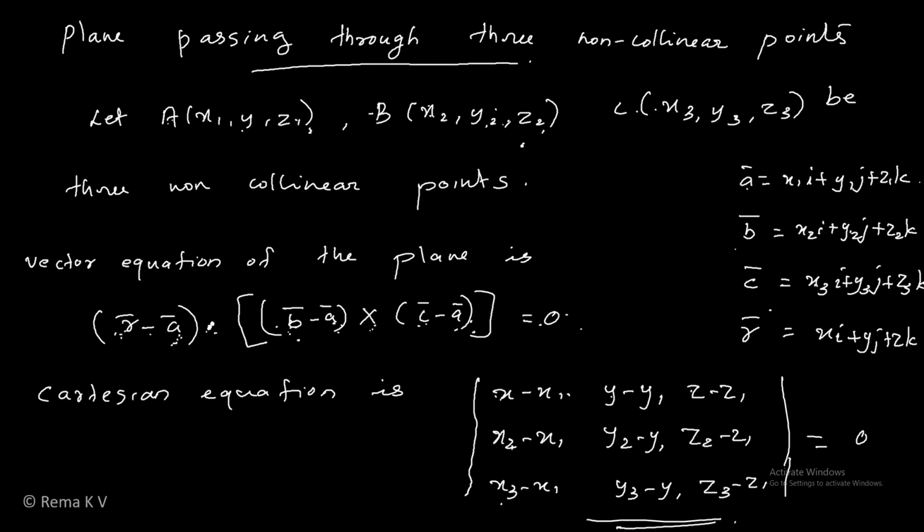If a line is given to us, infinitely many planes can pass through that line. So we cannot write the equation of a unique plane there. First of all, you have to check whether the given points are collinear or non-collinear.